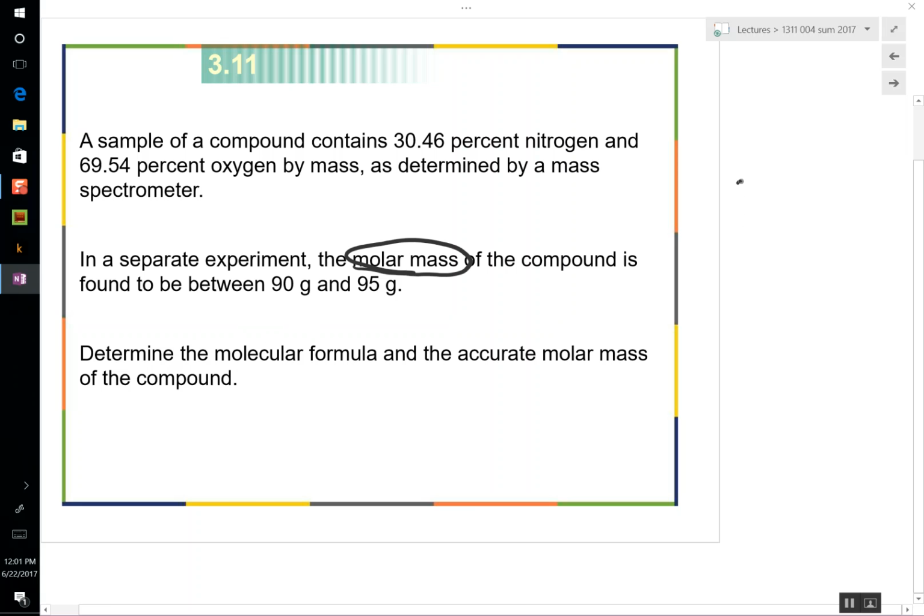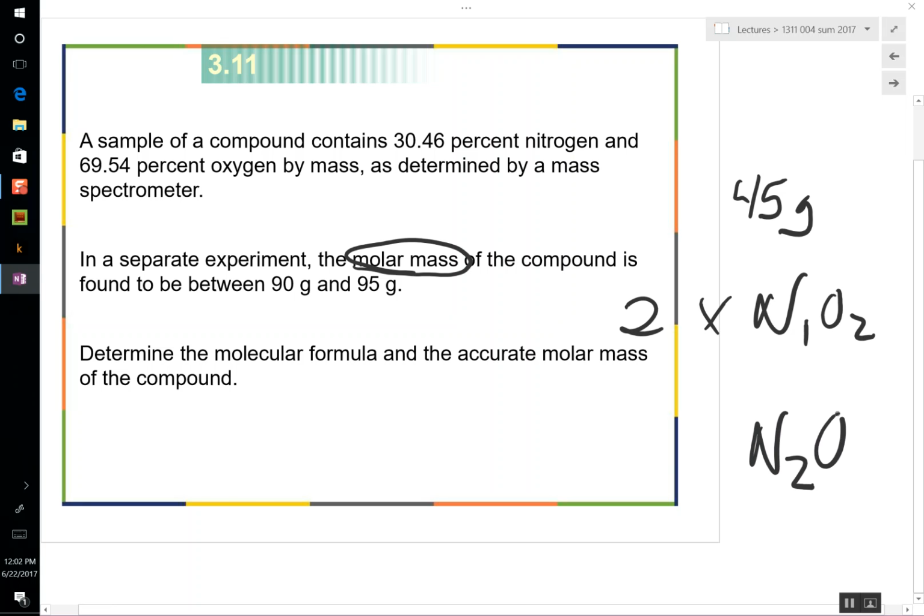If your empirical formula is 45 grams and your molar mass is 90 grams, whatever this is, nitrogen and oxygen, I'm just fishing here, but if that weighed 45 grams and the molar mass is 90 grams, then you've got to multiply this by 2.